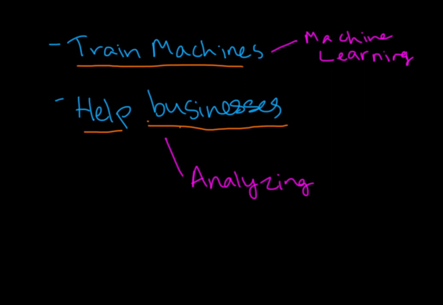It can help with better customer service. You can say, why are more people leaving us bad reviews on this day, and why are more people leaving us better reviews on this day? What are the connections between this data and that data? That's really a big part of what a data scientist does. You find the connections.